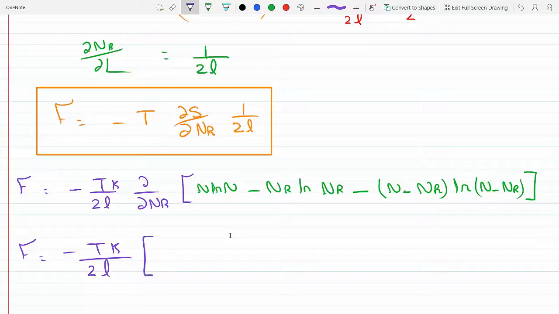Okay, so there's something that is going to be 0. There's no NR here. We're going to do product rule on this, so this is minus NR times 1 over NR plus ln NR. Well, there's a minus, so let's just make it minus. Okay, and then here the first term does not contribute.